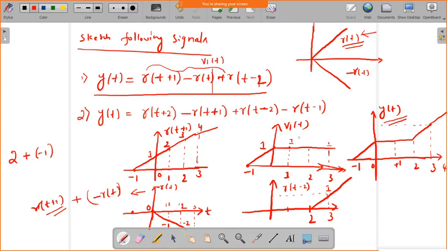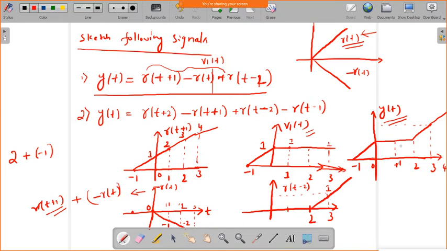Okay. So now we need to add this resultant signal to R of t minus 2. We already know R of t, which is the ramp signal, and if you shift it by 2 units it will give this signal, R of t minus 2. Now do the similar procedure. Go on adding these two signals, because it is V1 of t plus R of t minus 2. Till the value of 2, it is 0, so the same signal will repeat.